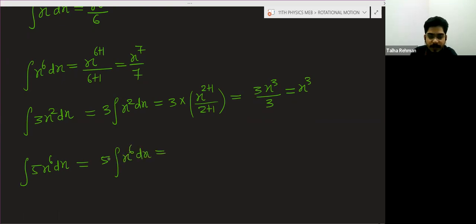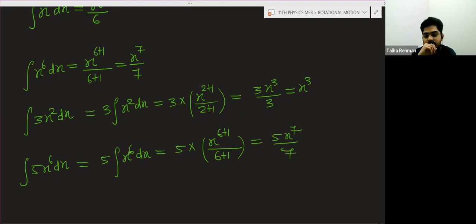This is multiplication, and here this is x to the power 6, so you will increase one power, x to the power 6 plus 1, and you will write here 6 plus 1. So here it will become 5 x to the power 7 divided by 7.